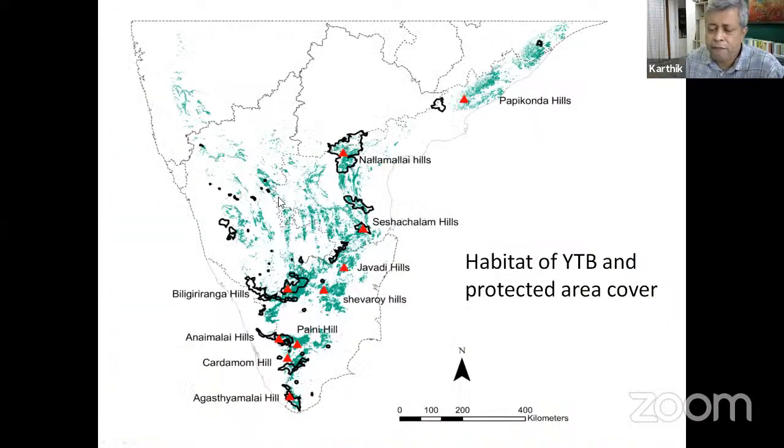So if we overlay the same map of the distribution of yellow-throated bulbul over protected areas, the dark line outline that you see are all our protected areas. So all of you probably know what is a protected area. So these are areas which are inviolate. They are kept out of bounds of human activities.